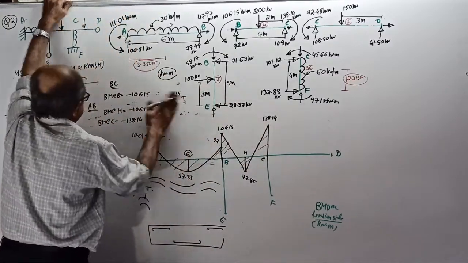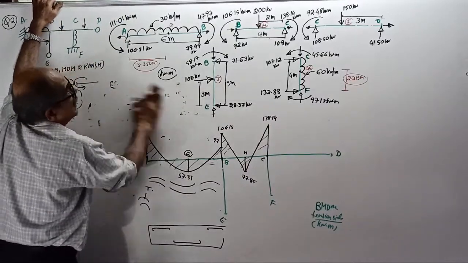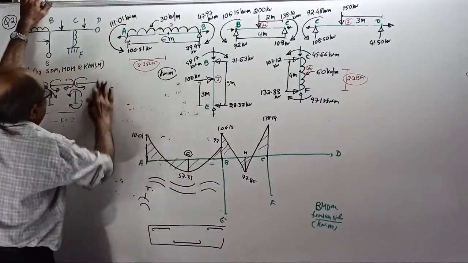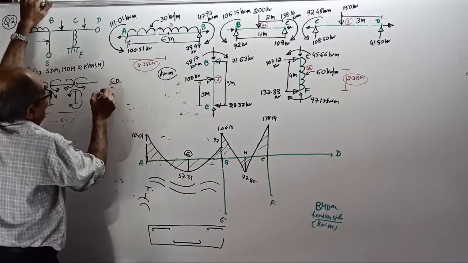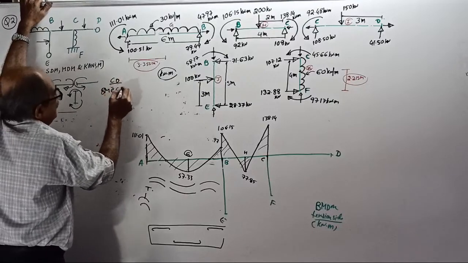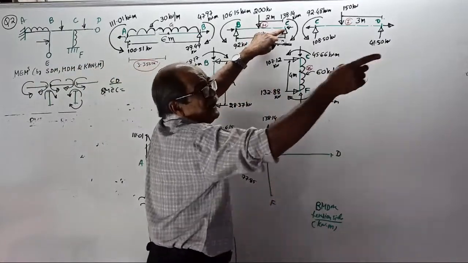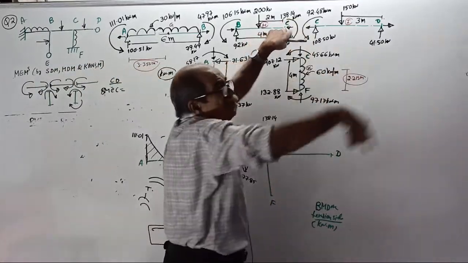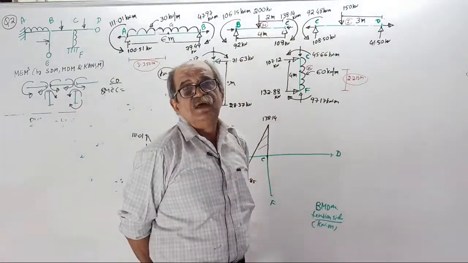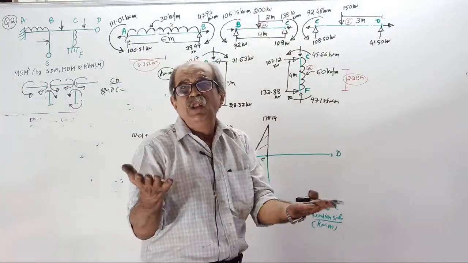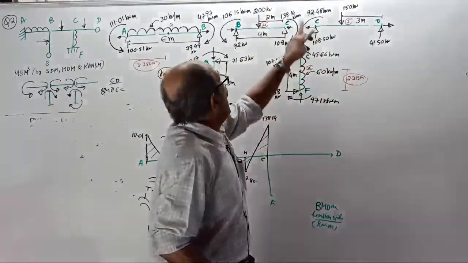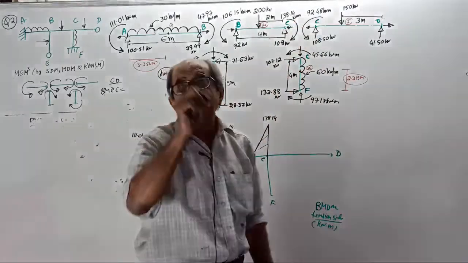Next member. Next member is which one? CD member. Okay, CD. Bending moment at C. Someone asked me, sir, if you look right side, you got minus 138.14. If you look left side, if it is not coming same, I will stop my teaching.